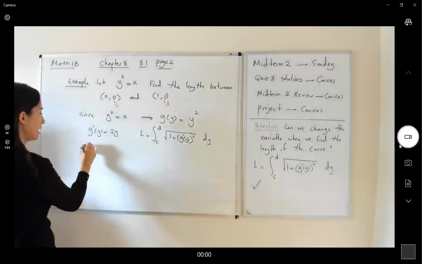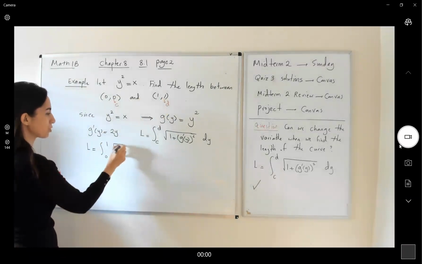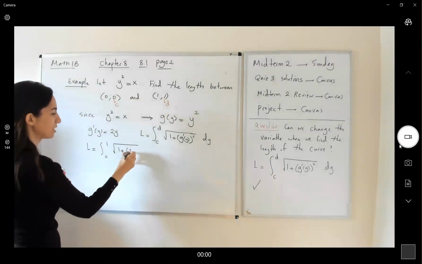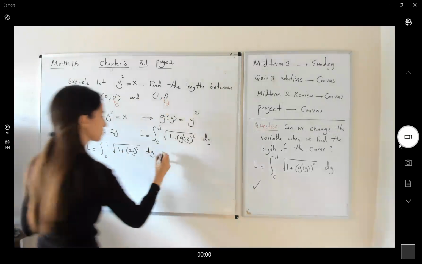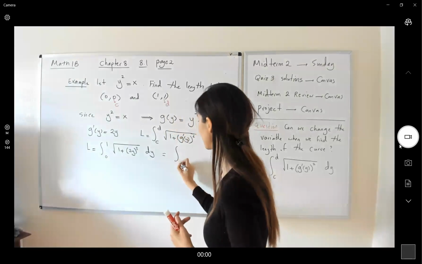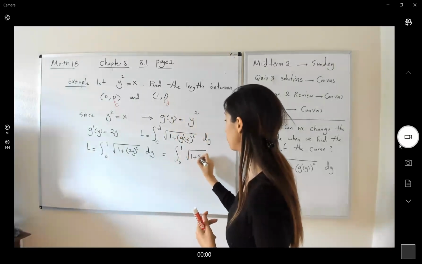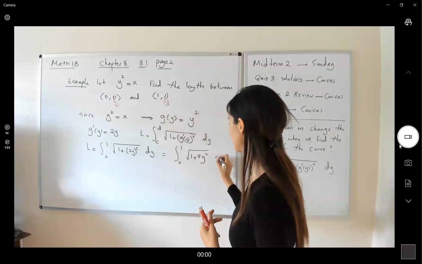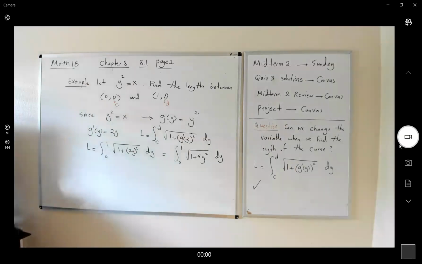Very well, L is equal to the integral from 0 to 1 of the square root of 1 plus (2y) squared, dy. This is equal to the integral from 0 to 1 of the square root of 1 plus 4y squared, dy.